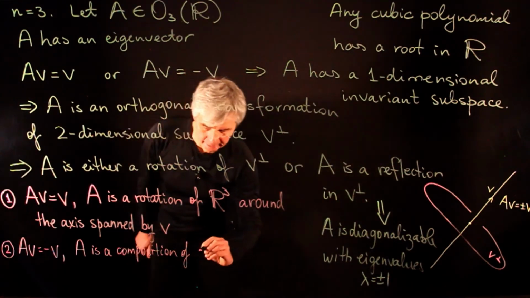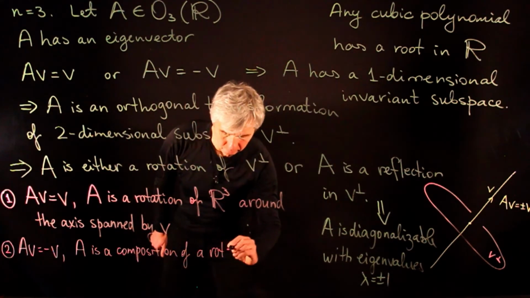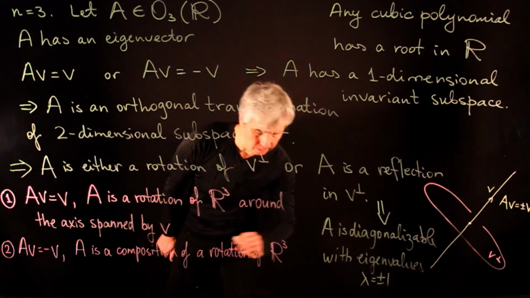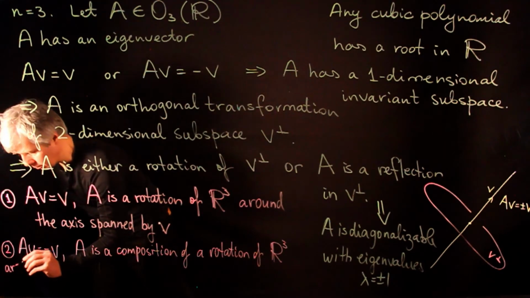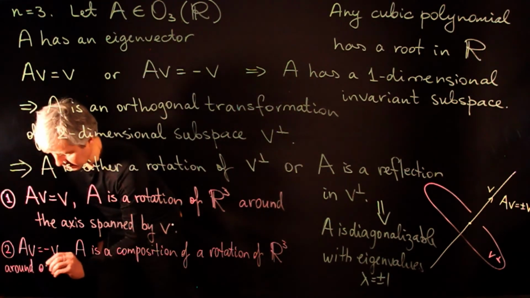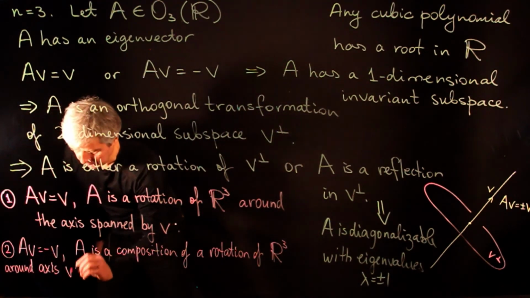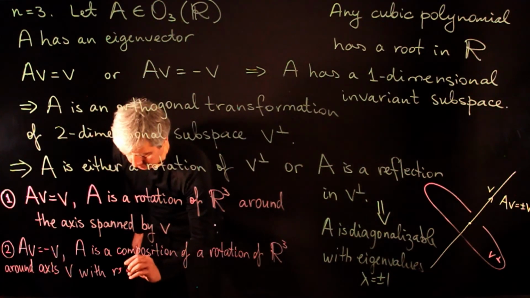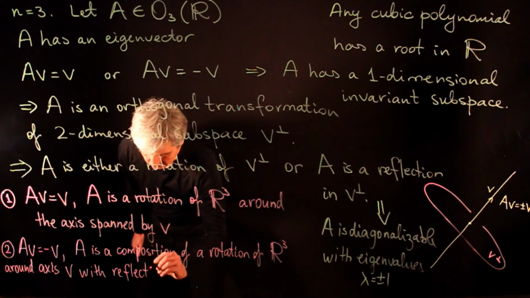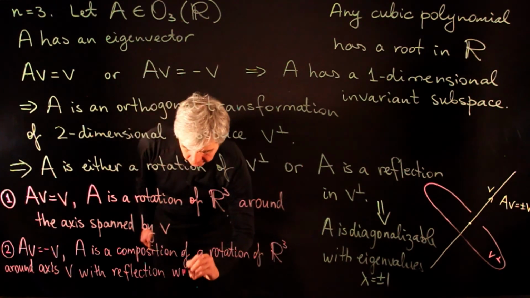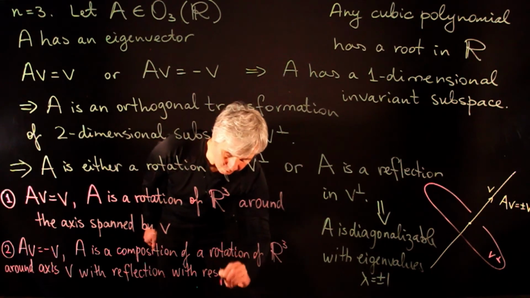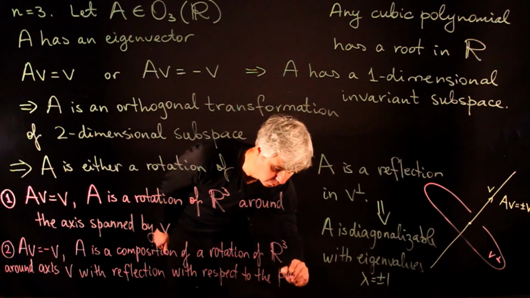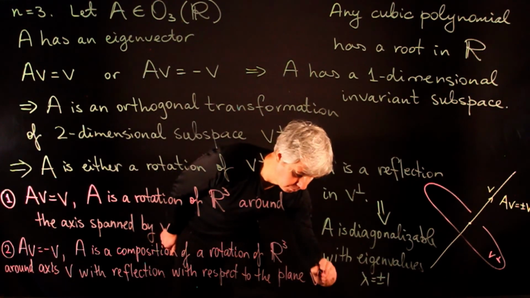In the second case, so if AV is equal to minus V, then A is a composition of a rotation of R3 around the axis given by vector V with reflection with respect to the plane V perp.